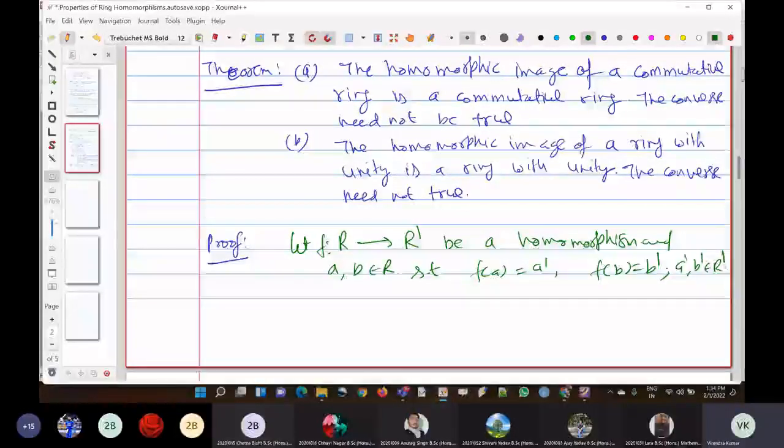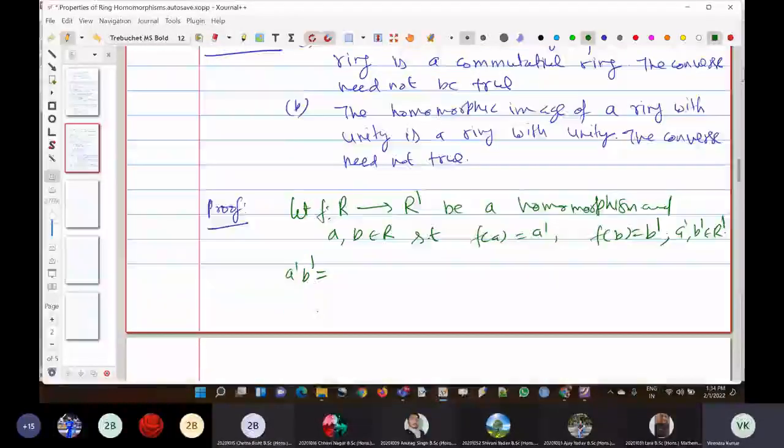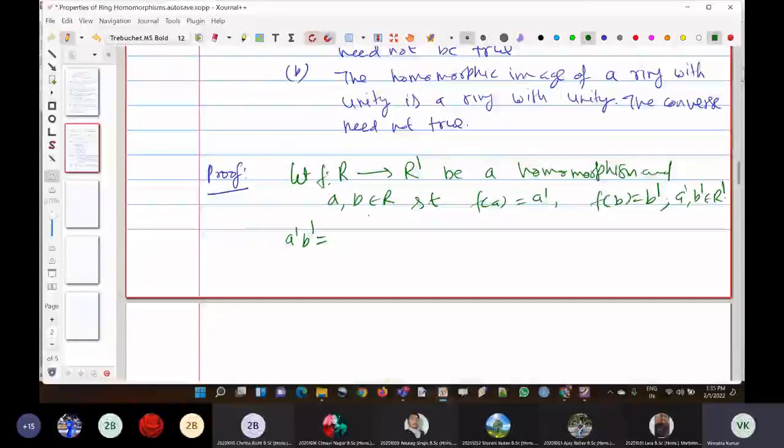Fine. So let us consider that A dash and B dash should be commutative, and this should be equal to B dash A dash.